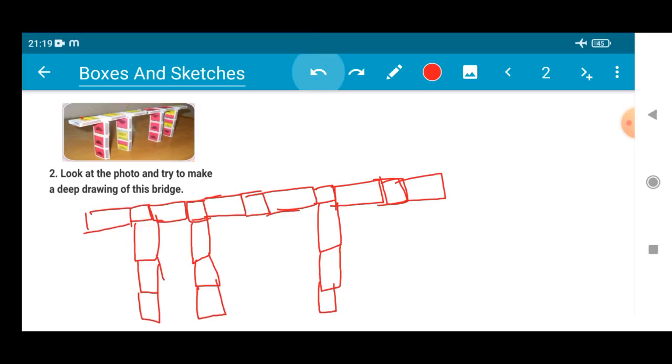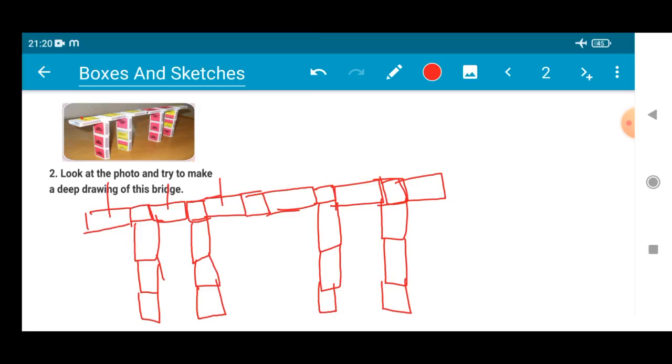If there is a white part but no straight line over there, we are not going to make any box or deep drawing there. I hope you understood this. Similarly, at the last one over here, I have to make the 3 matchboxes. So this is what it represents, the deep drawing of this bridge made by matchboxes.